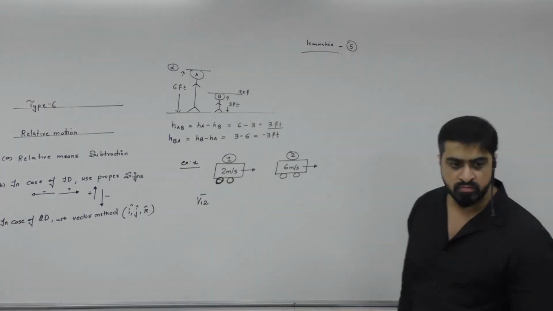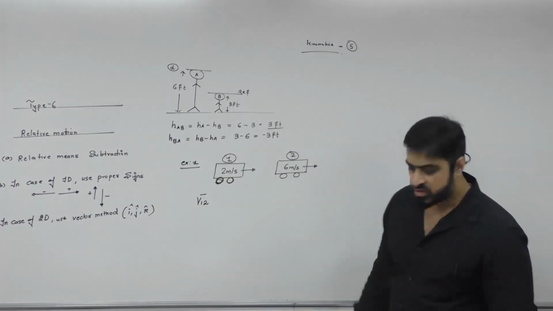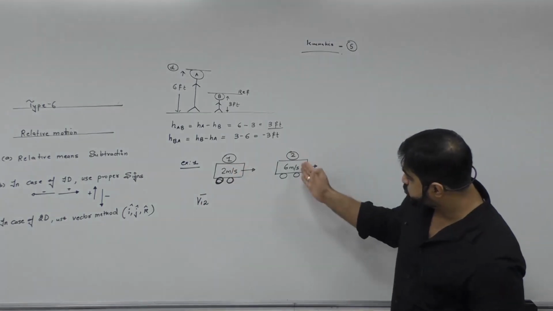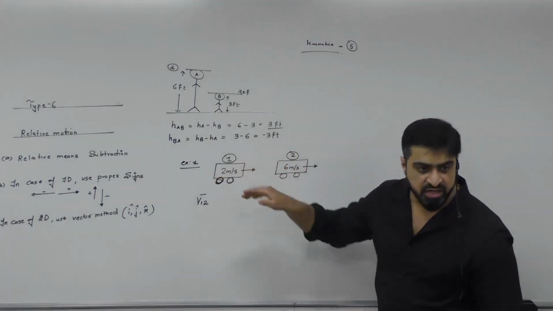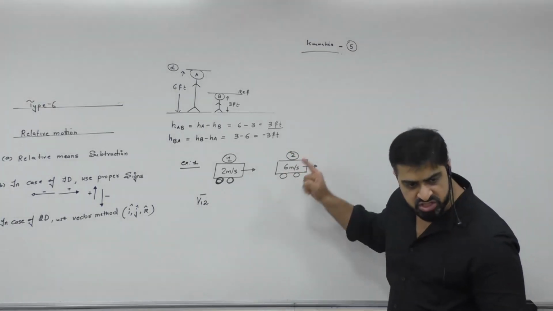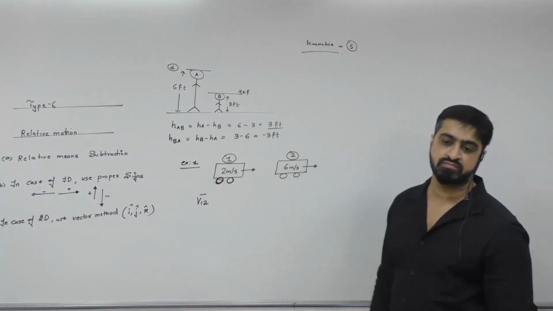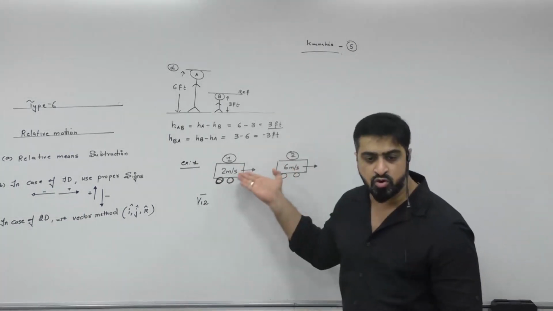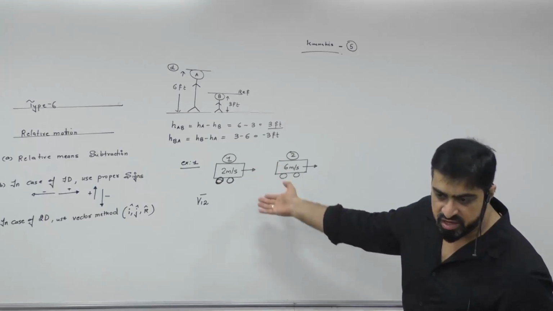Means who is looking at whom? Velocity of 1 with respect to 2 means 2 is looking at 1, and we are asking 2 that according to you, which speed is he going by? It will be different because these speeds are according to us, which we are there on the ground.